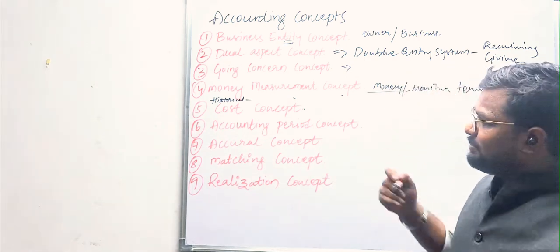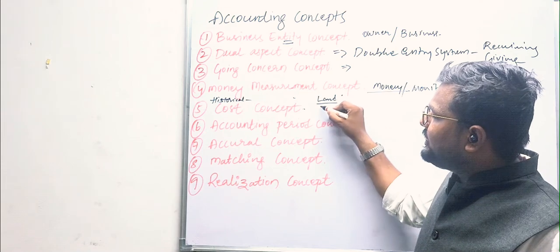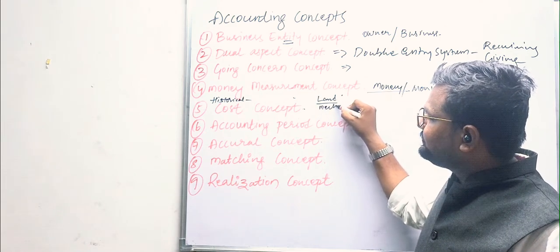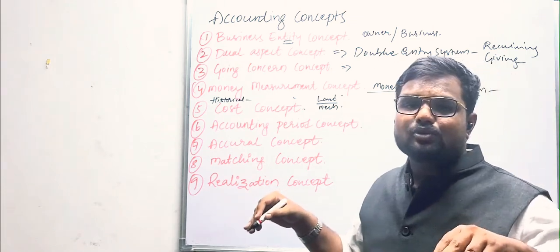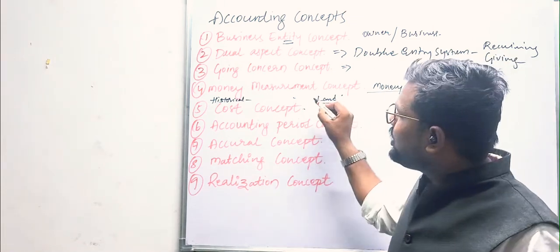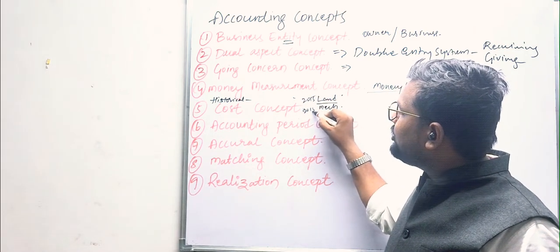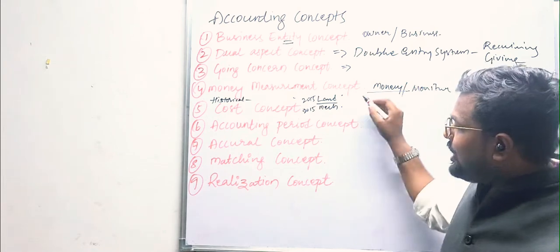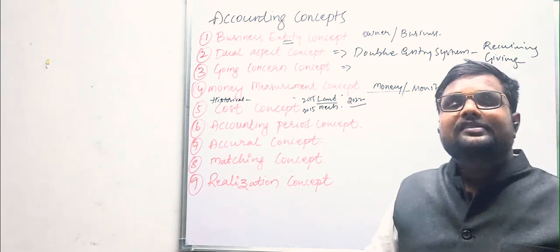I'll take two examples. One is land, the other is machine. Now this is 2022. Let us suppose we have purchased land in 2015 and machine in 2015. Now in the year 2022, what is the price?